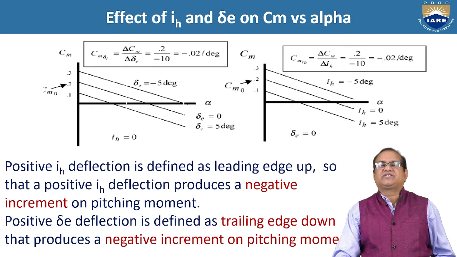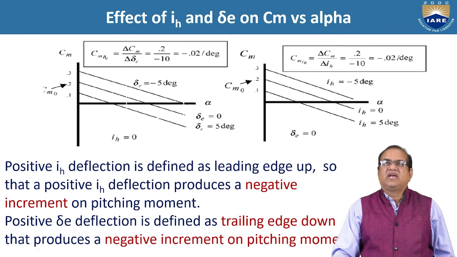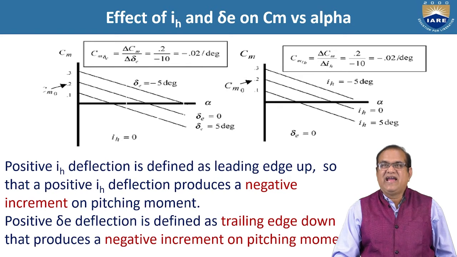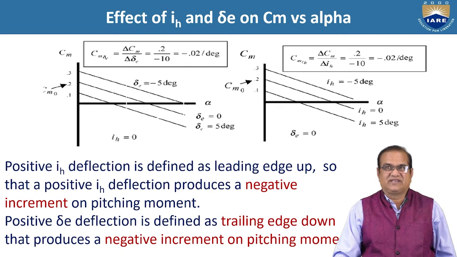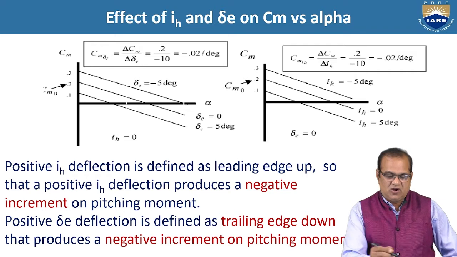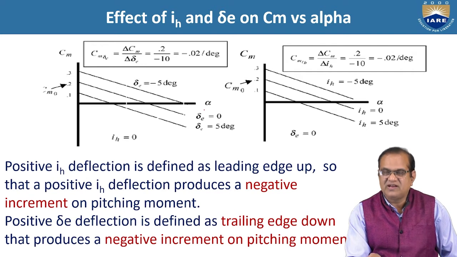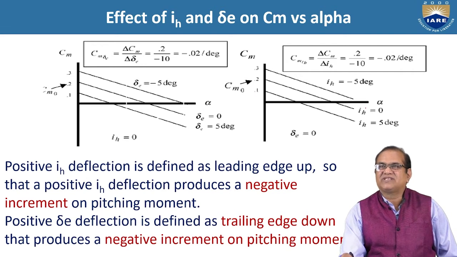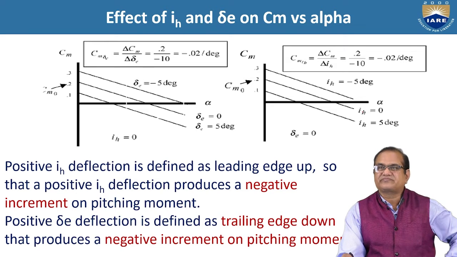Now I am going to discuss further the effect of incidence angle and deflection of elevator on the CM versus alpha plot. So here we have two plots, one is CM versus alpha and another is CM versus alpha.